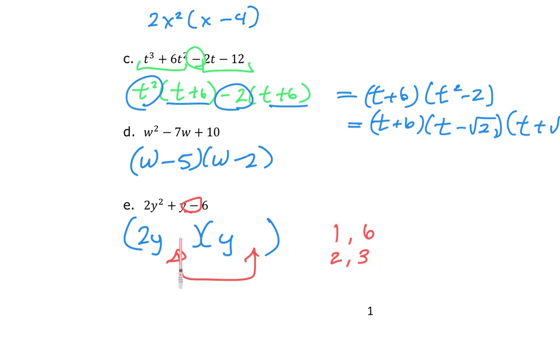But I need to put my factors here in such a way that when I do 2 multiplied by this number and I do y multiplied by this number, I get a positive y because that's what my middle term is. So I'm going to use a positive 2 here and a negative 3 there. These two multiplying give me negative 6, and then 2 times 2 is 4, so 4y positive minus 3y gives us that middle term of y.